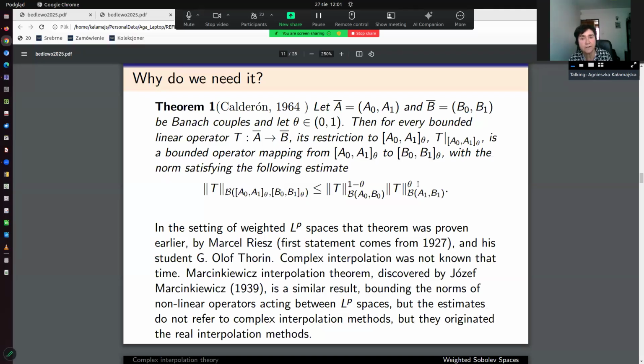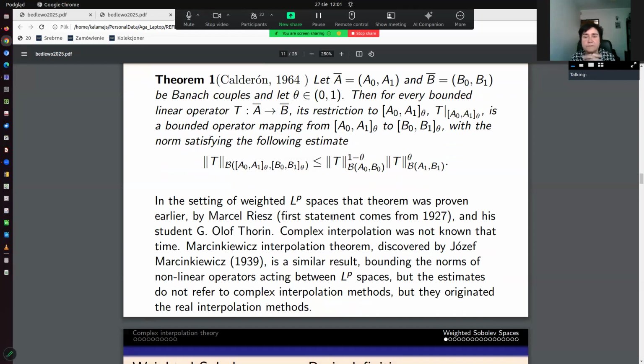Let me call them A theta and B theta. And now we know this is a crucial problem in functional analysis, to know that the operator is bounded between certain function spaces, and how it is bounded between those function spaces.